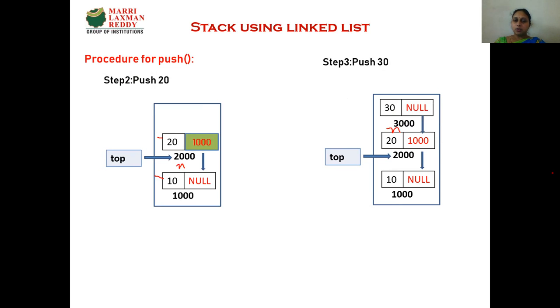To make the connection between 30 and 20, using its address, the link we need to make is n arrow next equal to top. Based on this, top moves to 3000.